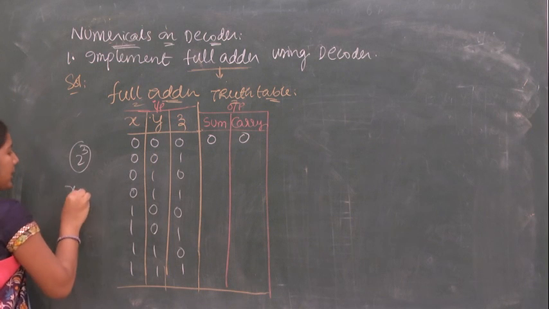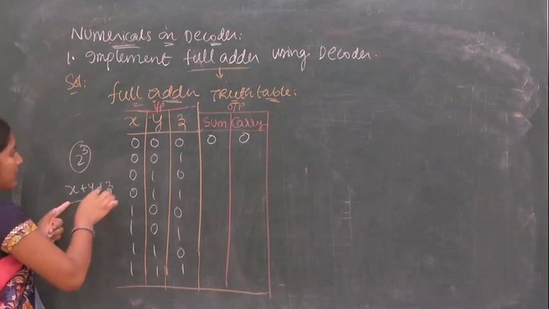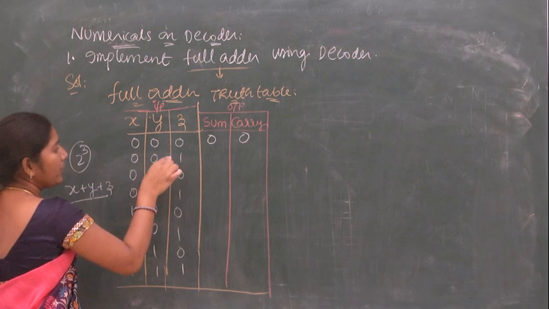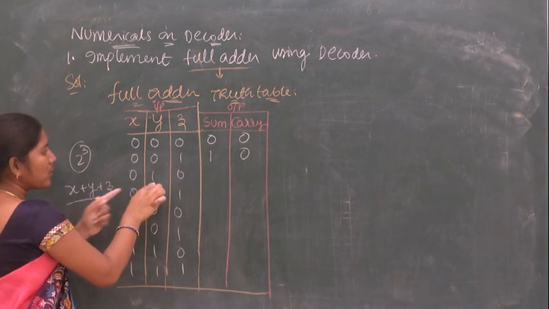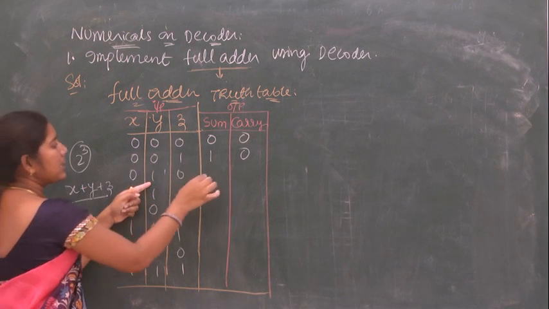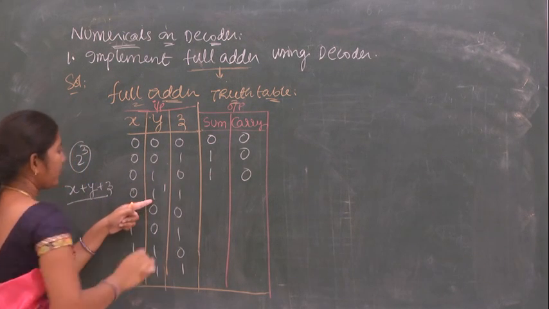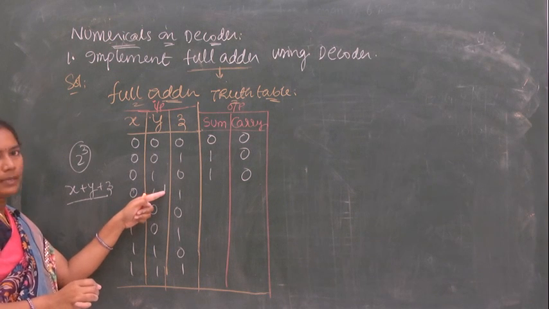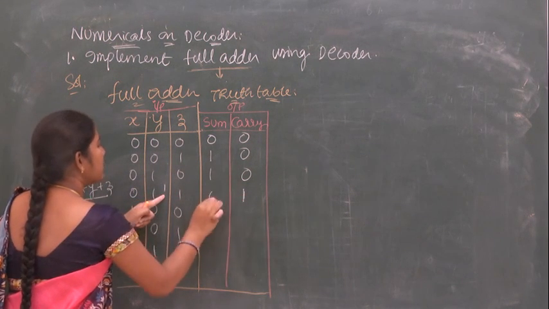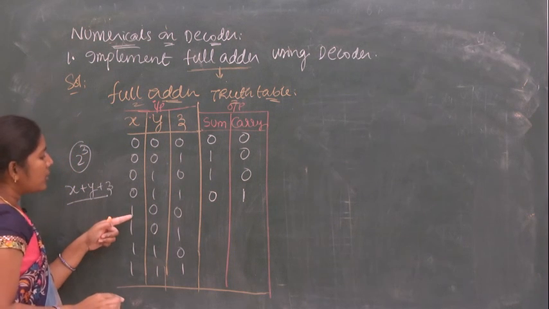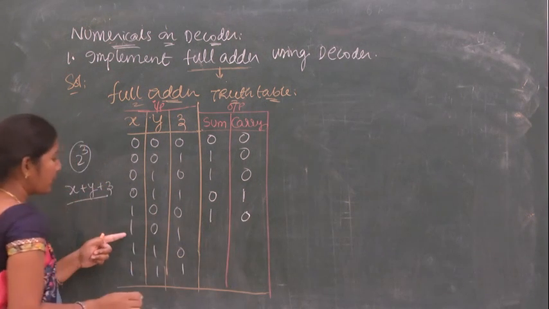Sum is nothing but x plus y plus z. So x plus y: 0 plus 0, 0 plus 1, so sum 1, carry 0. 0 plus 1, 1 plus 0, sum 1, carry 0. For 1 plus 1, carry is 1, sum is 0. 1 plus 0, sum 1, carry 0.